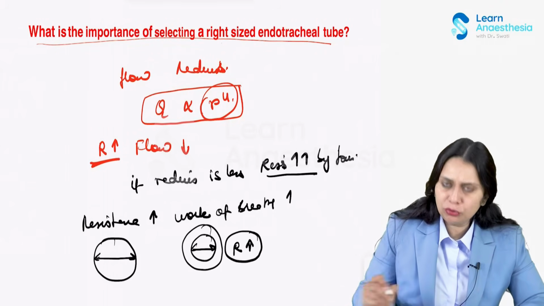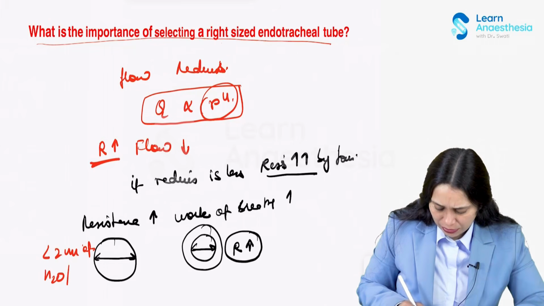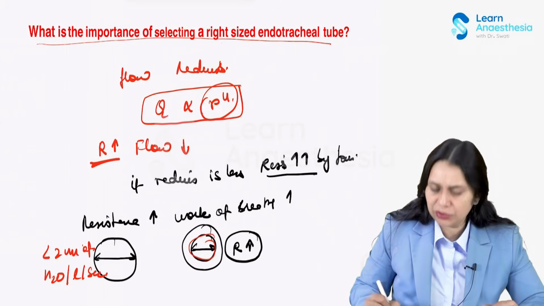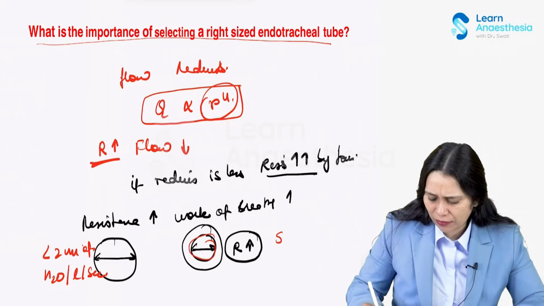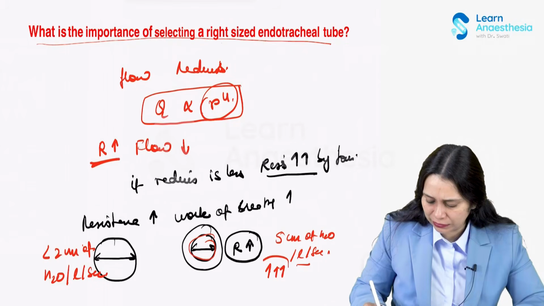If the patient is breathing through a normal airway, the resistance is less than 2 centimeter of water per liter per second of flow. And if we put the right size ET tube, then it would be like 5 centimeter of water per liter per second. And if we use an improper size, this resistance would further increase, right?